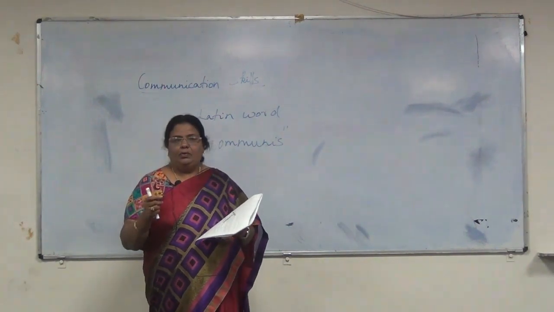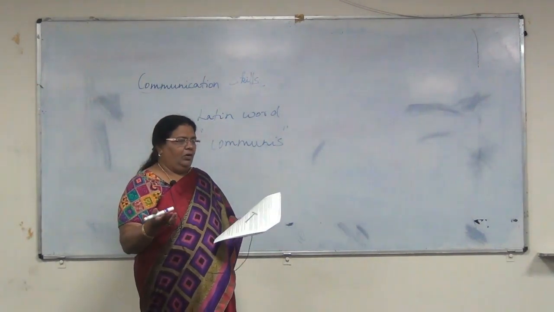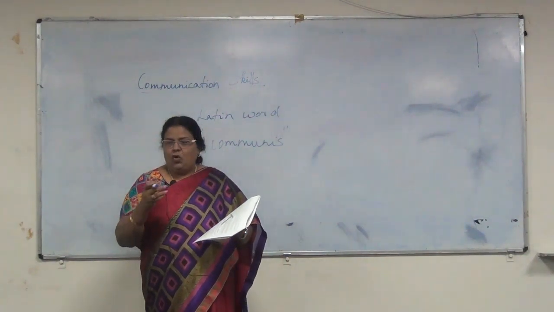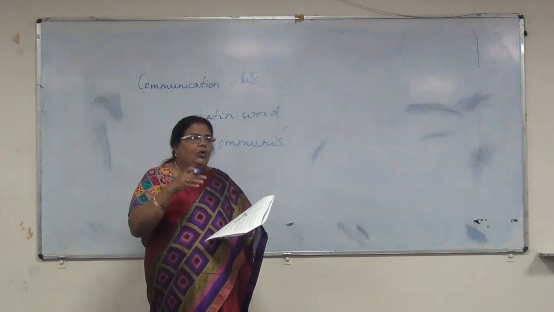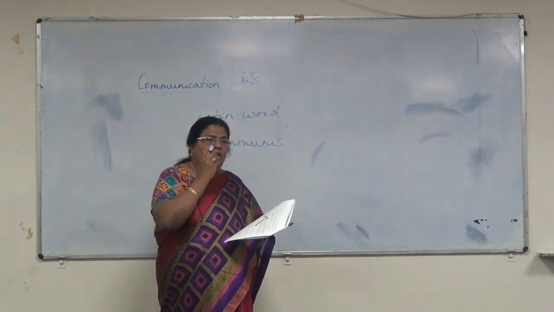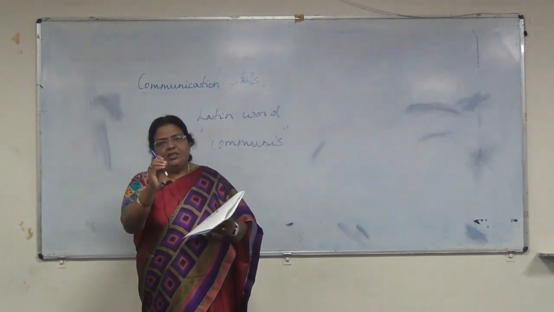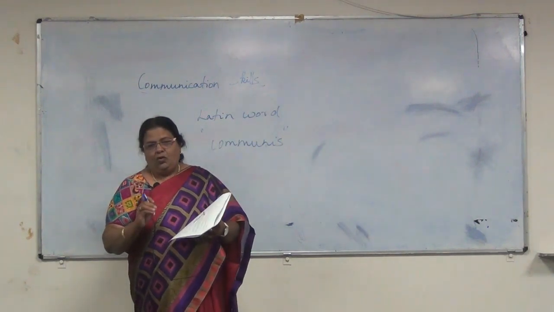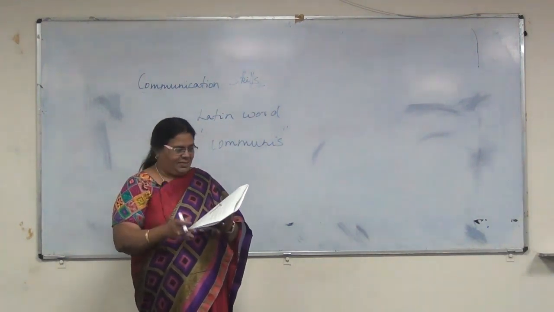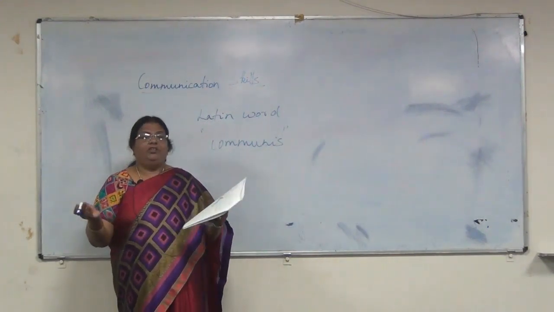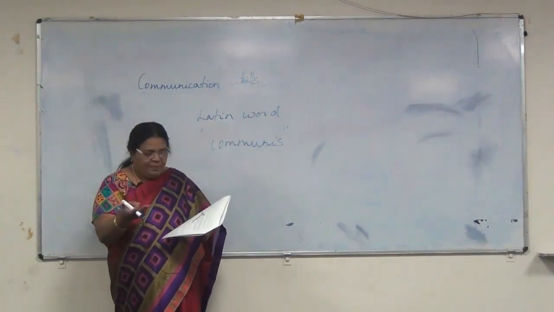Asking for help and support. There's a small proverb that goes, only a crying child will get milk. So only when you ask for support, only when you open your mouth and speak, you will get whatever you want. If you want your problems to be solved, you cannot just keep quiet, you have to speak.